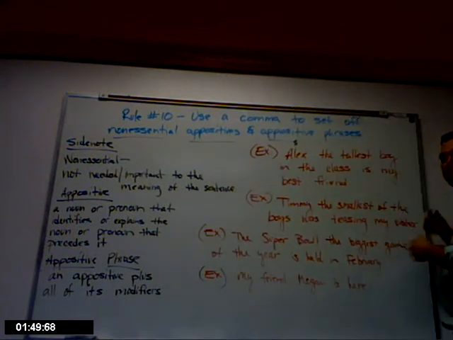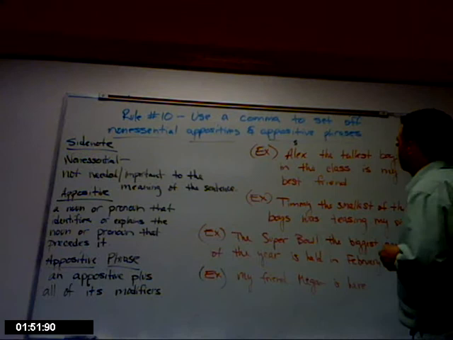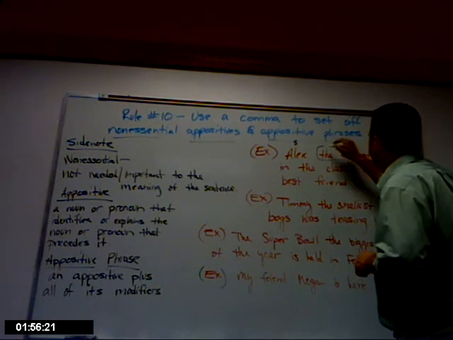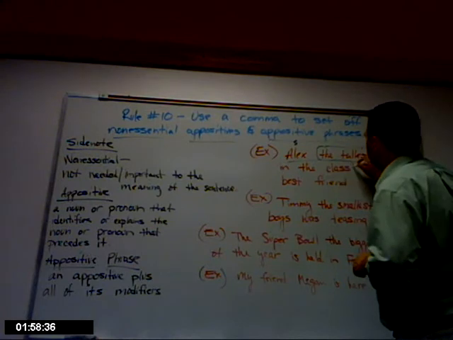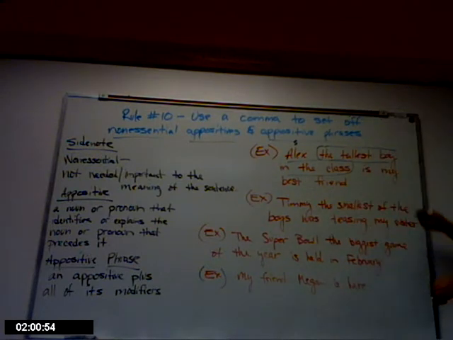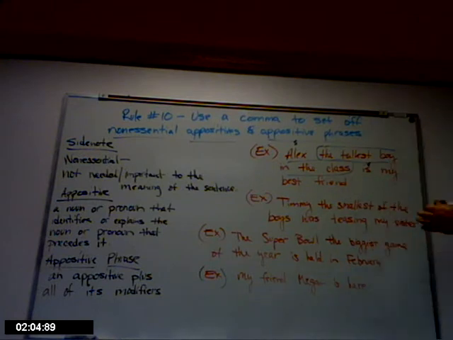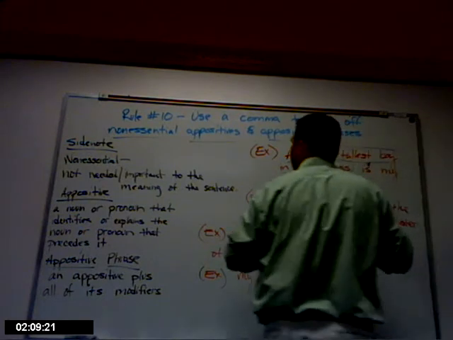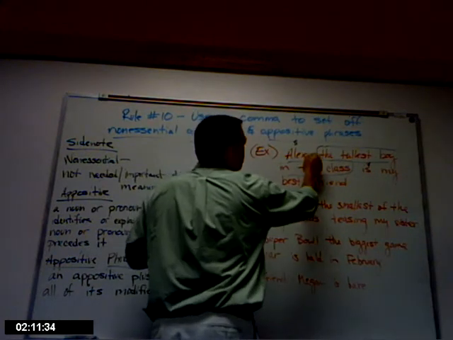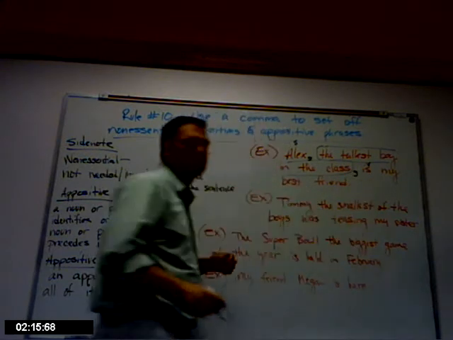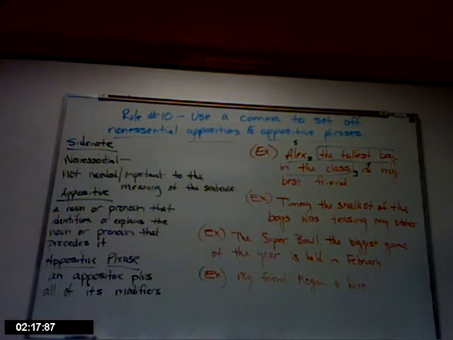The piece that gives extra information is the tallest boy in the class. And depending on how well we know our grammar structure, we know is is the verb, and our subject and verb are separated by this phrase. So we need to have a comma after Alex and a comma after class. Alex, the tallest boy in the class, is my best friend.